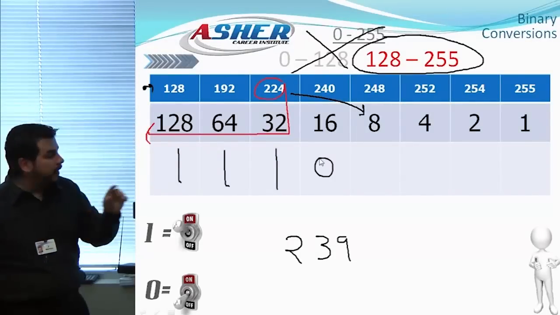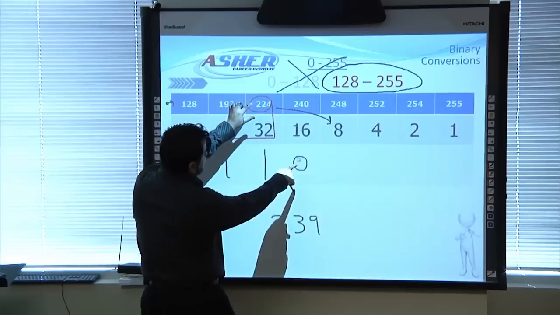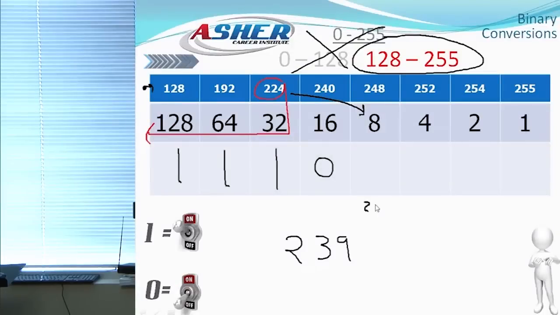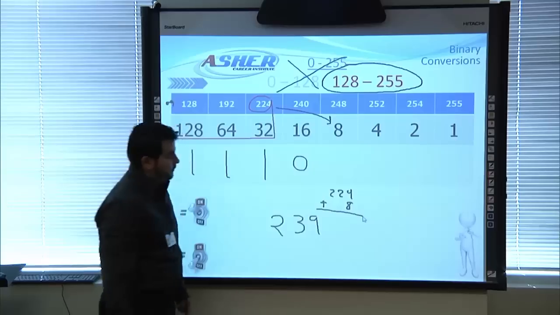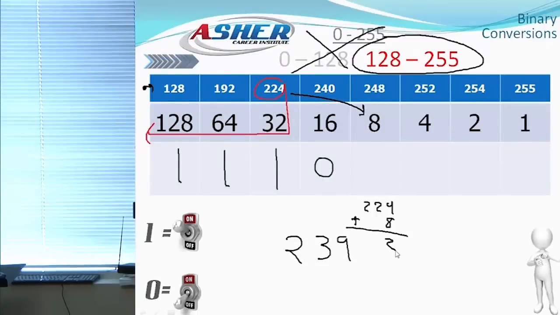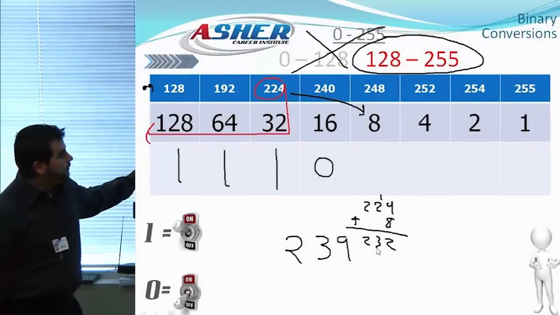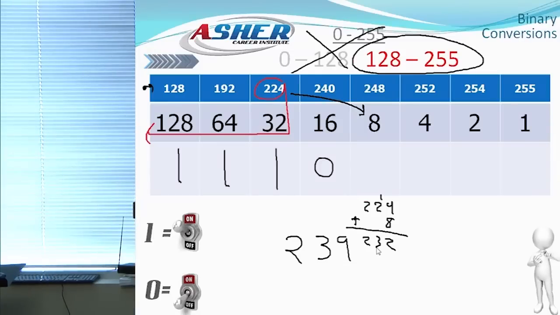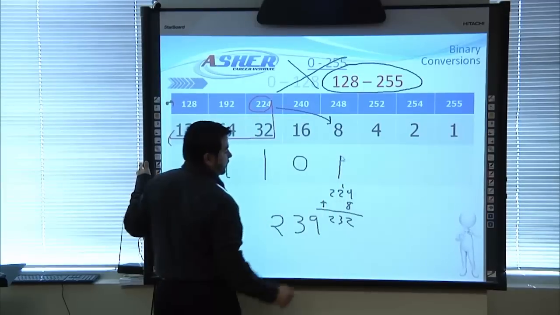That's right. Anytime you add, you pick this number, put a 0 there, and then find out what 224 plus 8 equals. And what's that? 232. Okay. So are we going to use 8? Yes, we are.